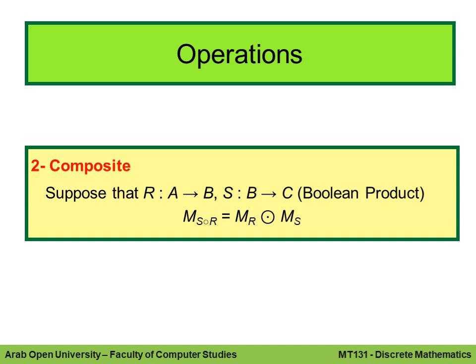If you want the matrix for S circle R, start with the matrix for R, because that's the relation you apply first. Take the matrix of R, Boolean product with the matrix for S.